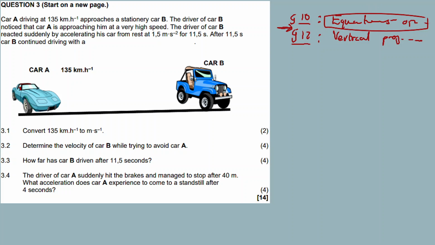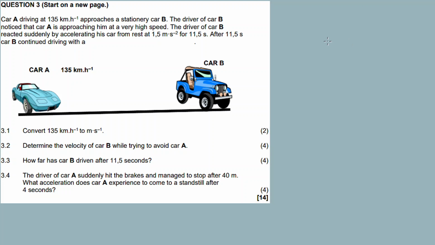Bheka ke now. This is the action in question 3. Car A is driving and approaches a stationary car B. The driver of car B noticed that car A is approaching him at a very high speed.